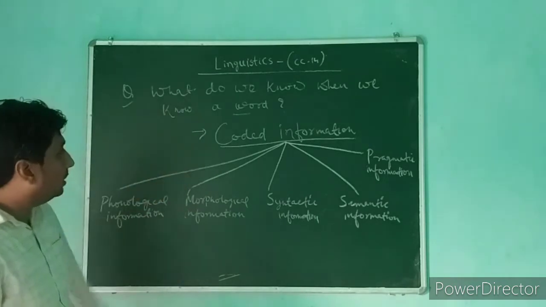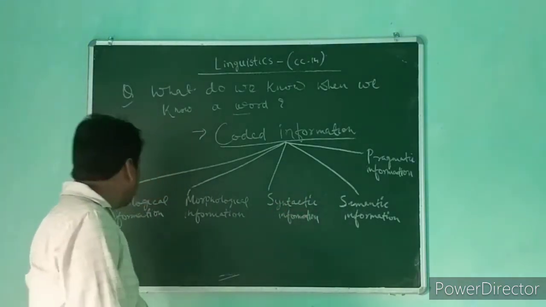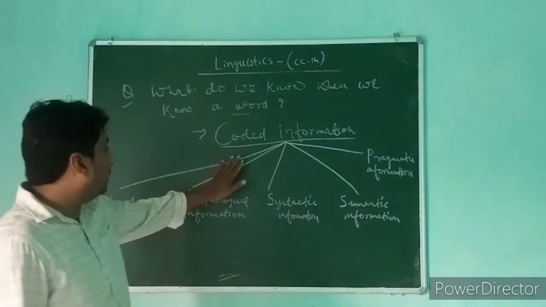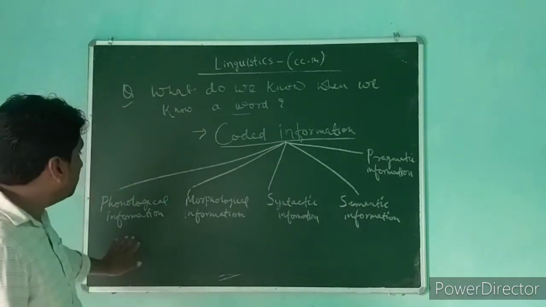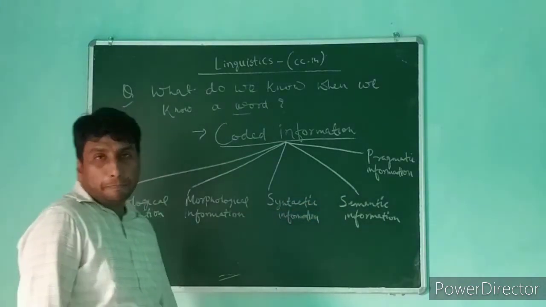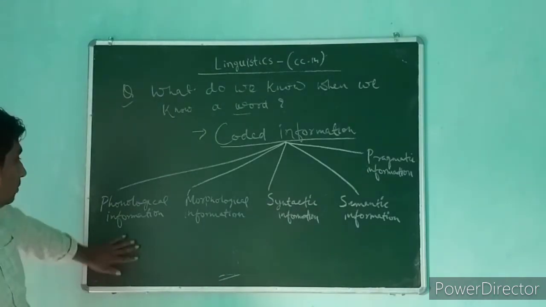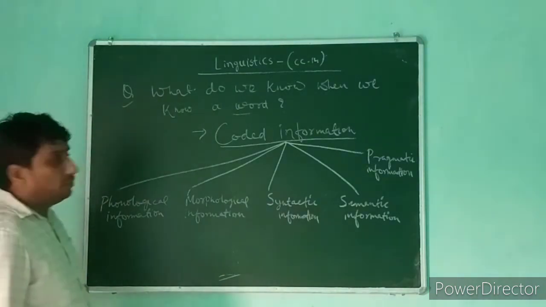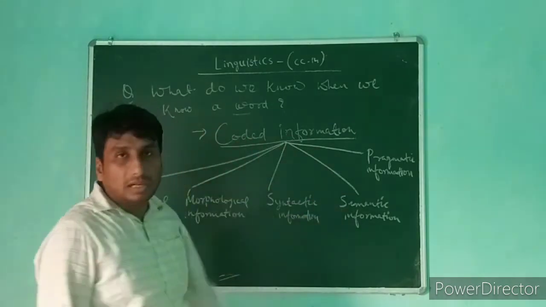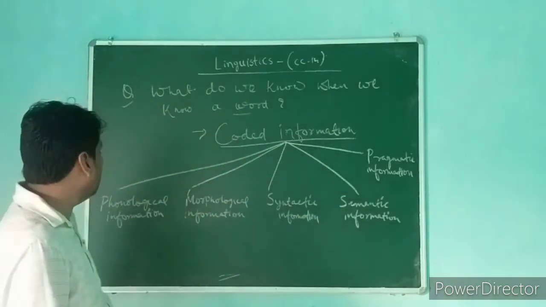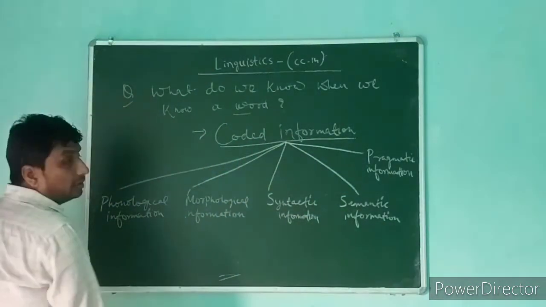As you can see from this diagram or chart, primarily this information is of five types.